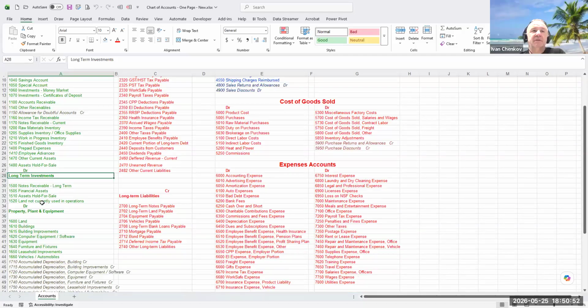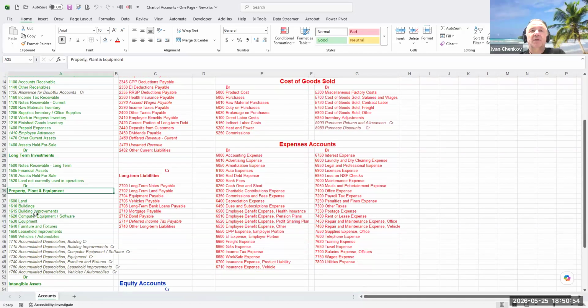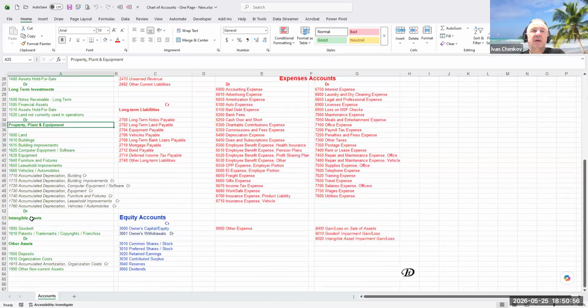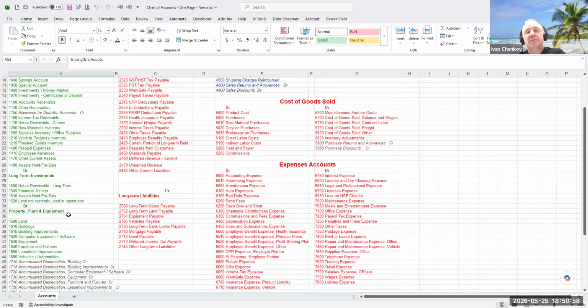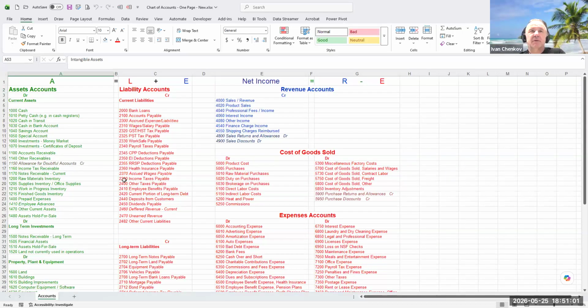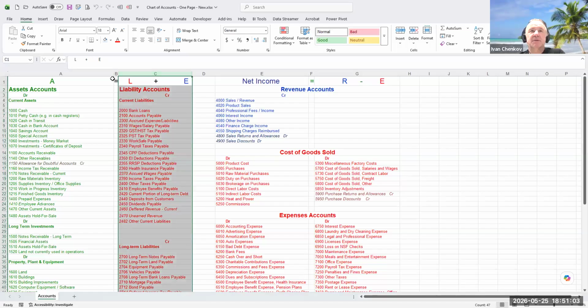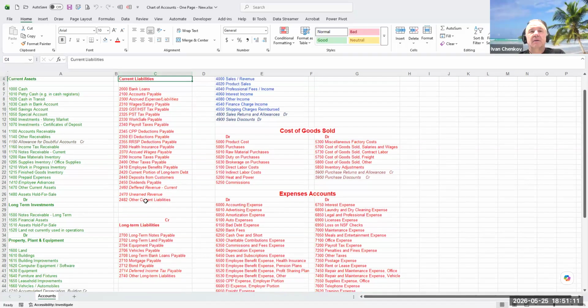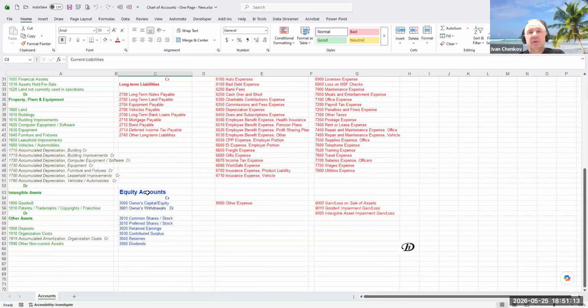Then we have investments, and then a property, plant, and equipment category. Then we have some intangible assets, but we're going to talk about this when the time comes. The next section is on the other side of the equation, for the liability and equity. Liability: again, current liability, long-term liability; equity is just equity.